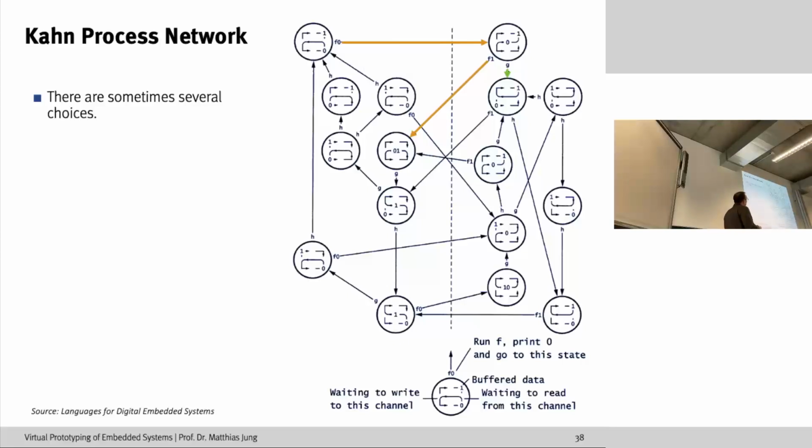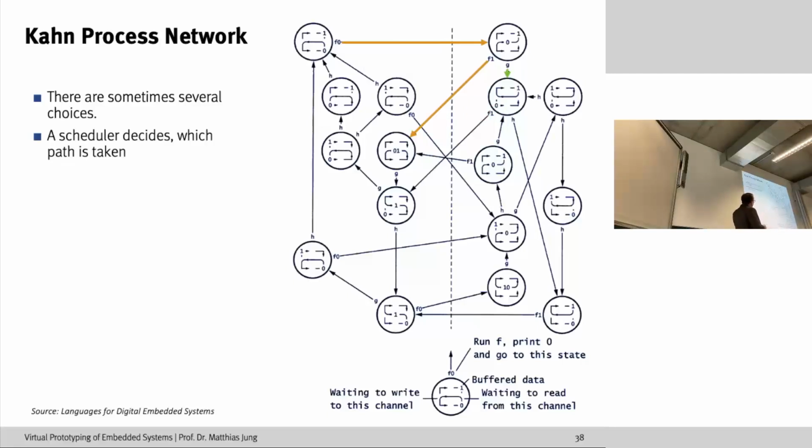But if we execute G, then the token travels down there again to the H node, and the 1 is still there. So we can then execute H, but we could also execute F, and then the output will also be 1.